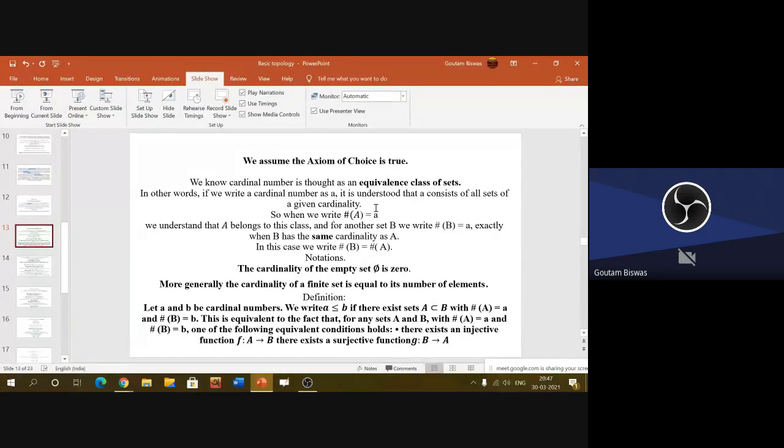Then this 2 represents all the sets having cardinality 2. So from the cardinality of a set, we are considering a simple natural number. So when we write this, we write all the sets having the cardinality A. The cardinality of the empty set is 0. So remember this fact always.